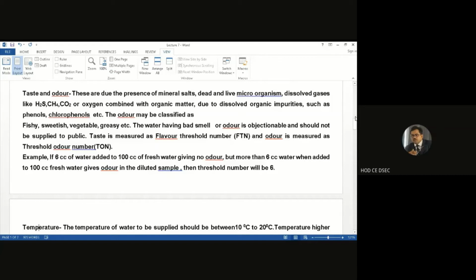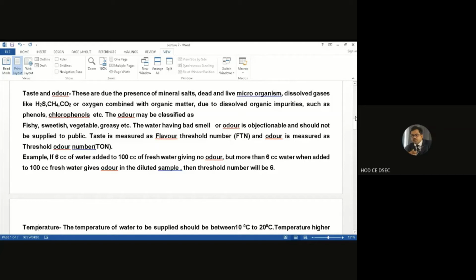If 6 cc, that is 6 cubic centimeters, of water is added to 100 cc of fresh water, that means distilled water, which gives no odor, fine. But if I increase the dose to more than 6 cc when added to 200 cc of fresh water and it gives odor in that diluted sample, then the threshold number will be 6.